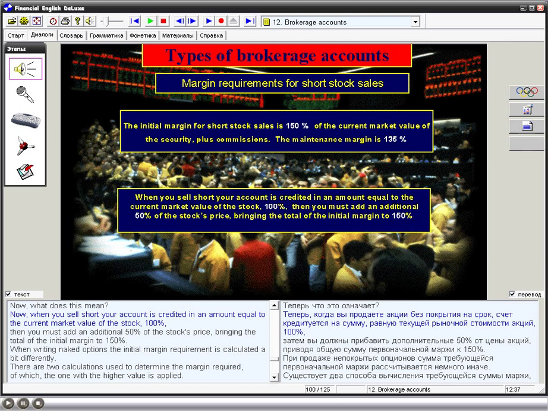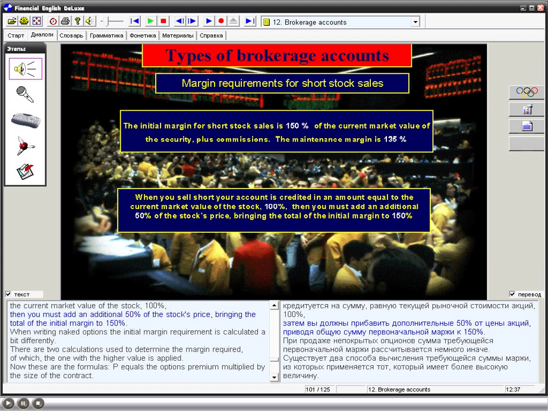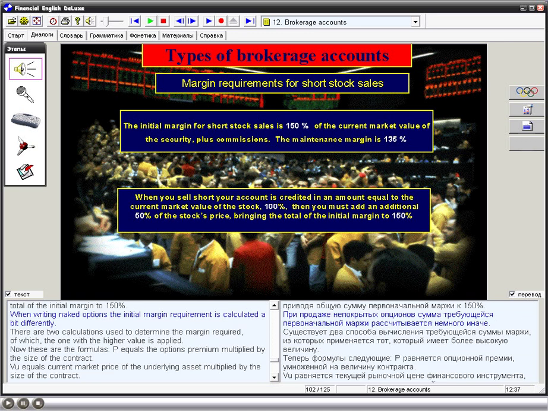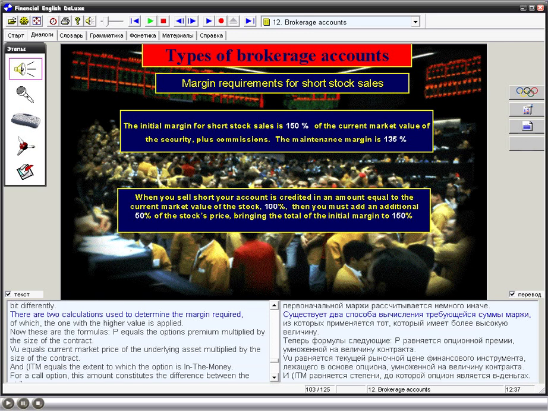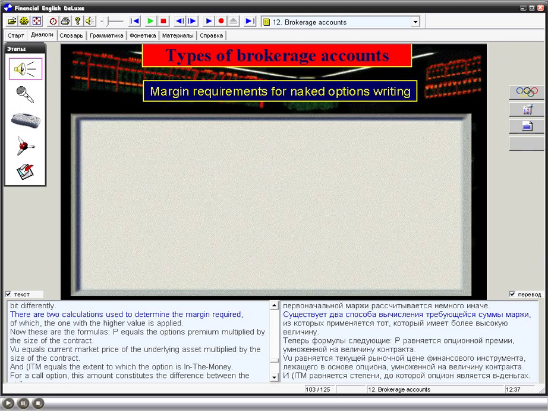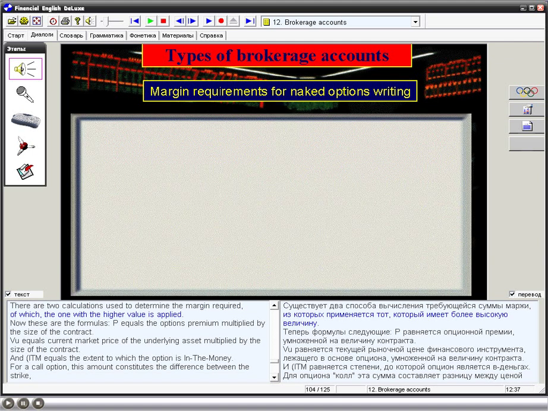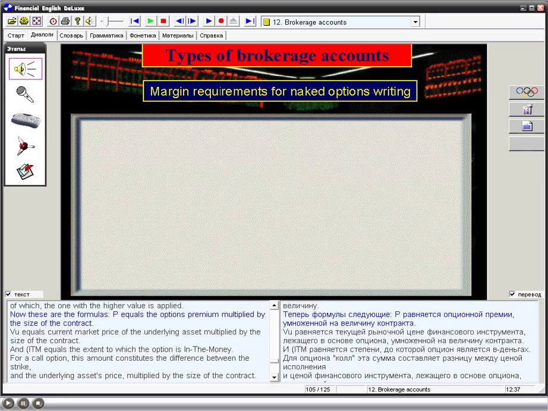There are two calculations used to determine the margin required, of which the one with the higher value is applied. Now these are the formulas. P equals the options premium multiplied by the size of the contract. VU equals current market price of the underlying asset multiplied by the size of the contract.